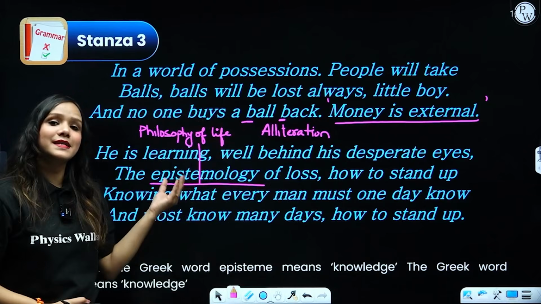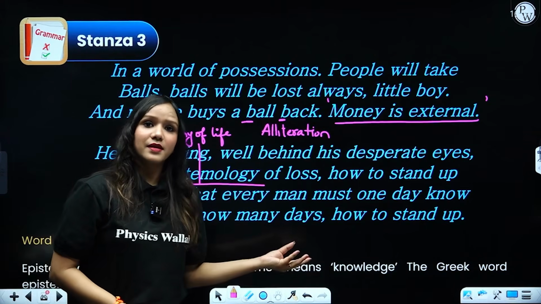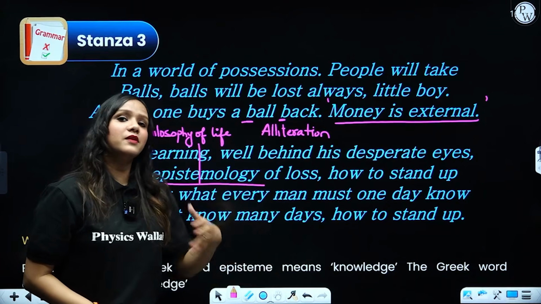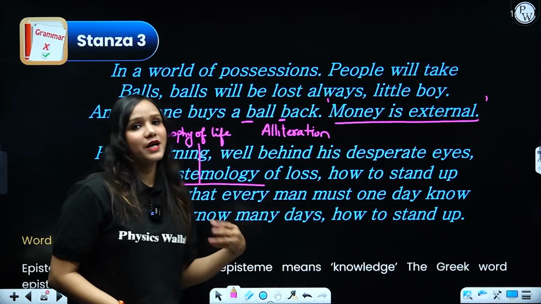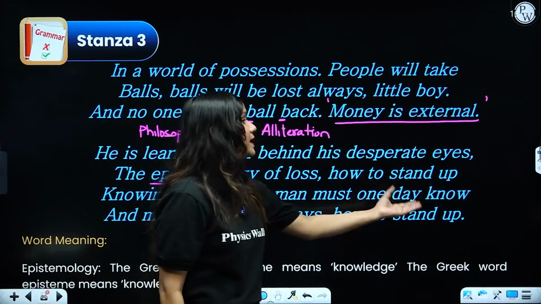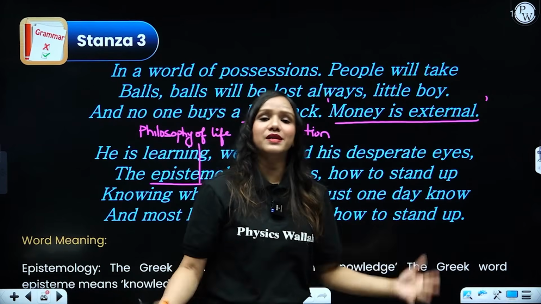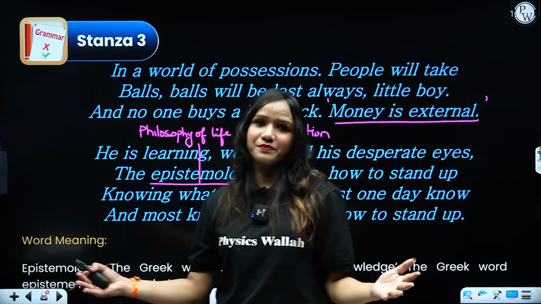He's learning his sense of responsibility, and he's learning that this is how life is, and we lose things, we have things, and then we lose people, we lose things which are close to our heart, but we have to move on in life. How to stand up, knowing what every man must one day know and must know many days, how to stand up. It's just that we have to stand up and we have to move on.